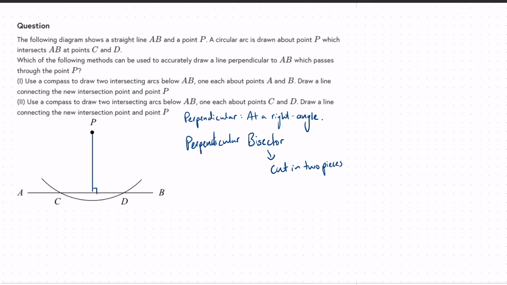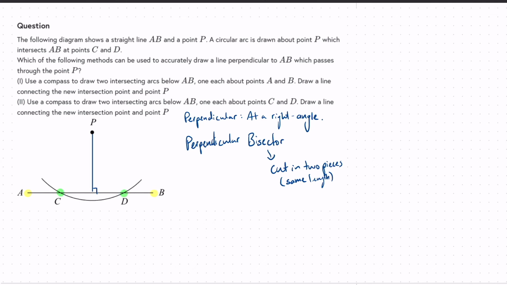And the thing this doesn't say is that they are the same length. And this is important because the two options we have here are, well, do we bisect A and B? Right? So do we bisect A and B, these points? Or do we bisect C and D?